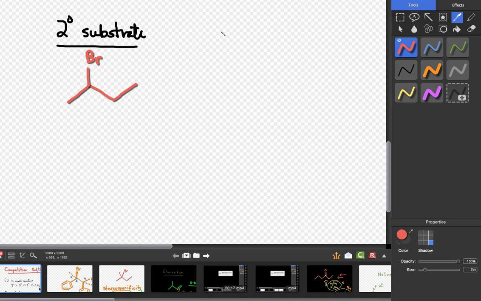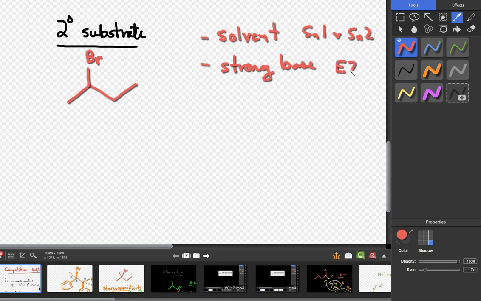We're really going to have to look at our solvent system if we're going to discriminate between Sn1 versus Sn2. But before we do that, again, how strong is the base or nucleophile? If I have a strong base, it's going to follow the E2 pathway.